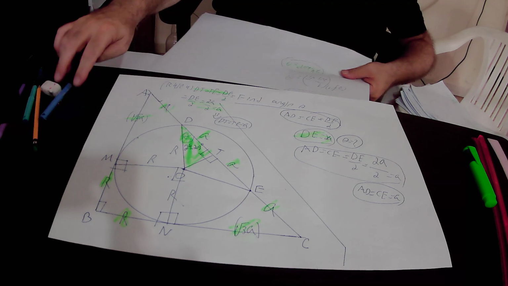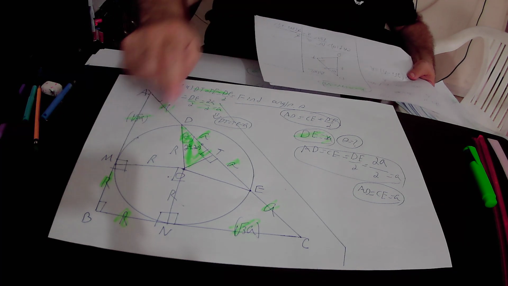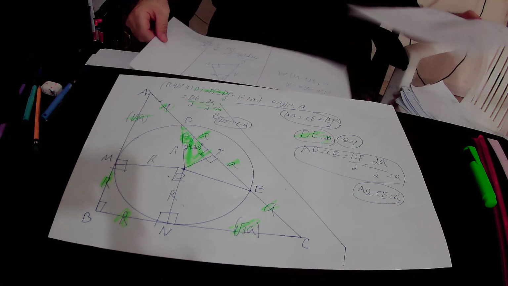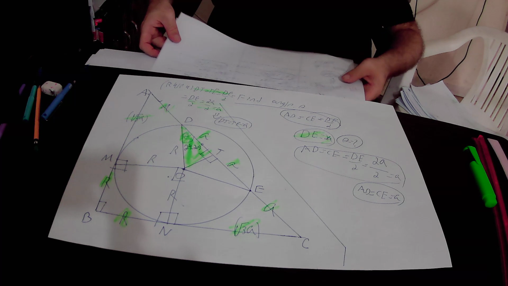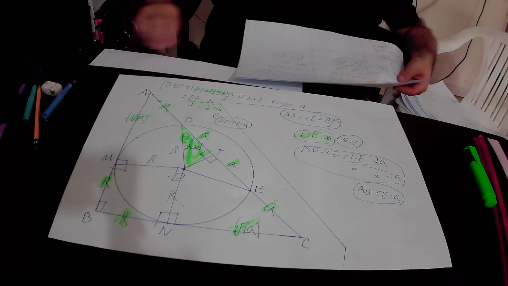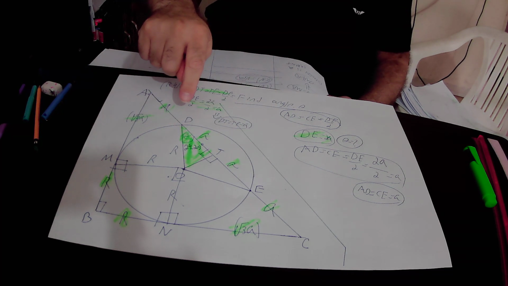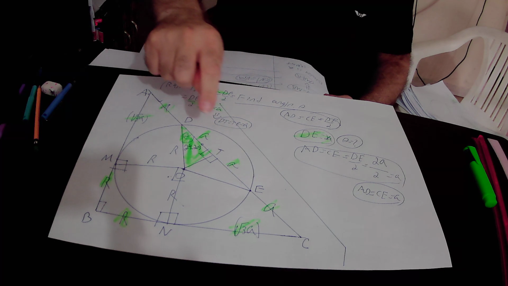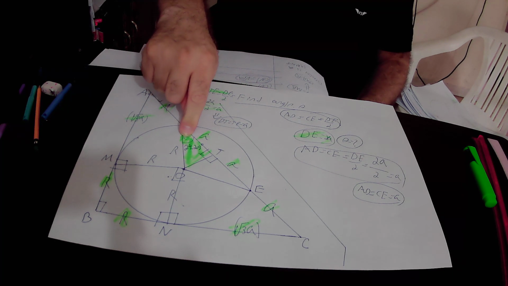In the right triangle ABC, angle ABC equals 90 degrees. Inside the right triangle ABC, we have a circle, inside the circle we have triangle DOE, and we are looking for the size of angle theta.